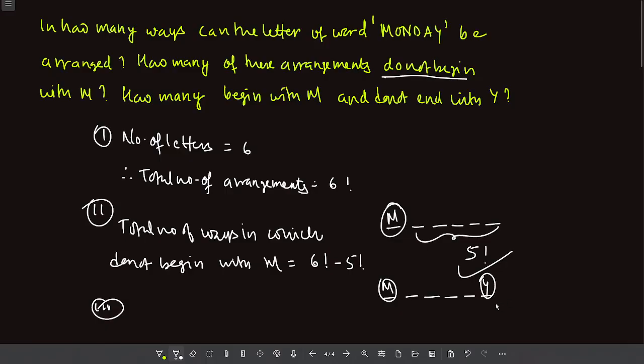How many total number here? Four. 4 factorial. So in how many arrangements will it begin with M and not end with Y? Begin with M will be 5 factorial. We need these arrangements that begin with M and do not end with Y.